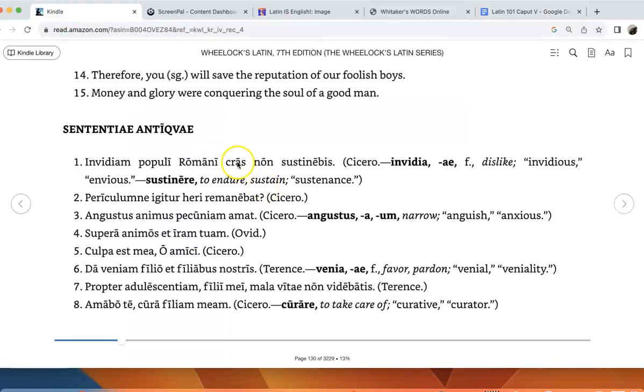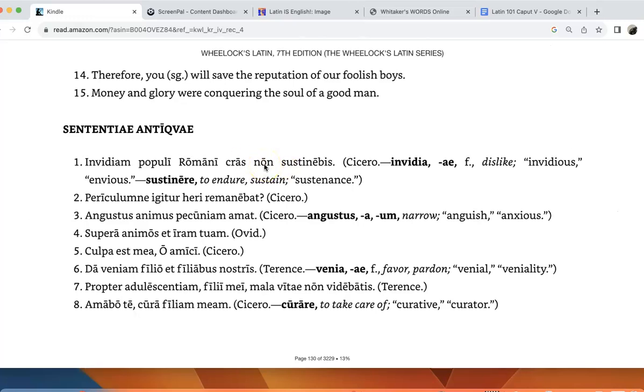So, cras means tomorrow, and then we have the negative adverb not, and then here's our subject and verb. So remember the bo, bi, bi, bi, bi, bu, you can see here we have the bi, but it has the ending s. So this goes back to chapter 1. So this is second person singular. So if we go back and look at the examples, it's second person singular and it means you.